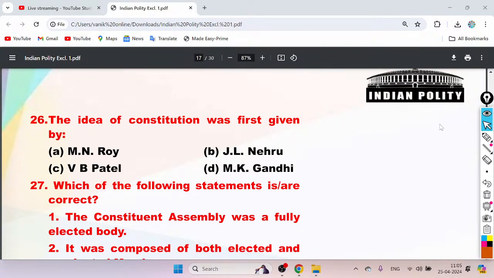26. The idea of a written constitution was first given by, I think, M.N. Roy, Manabendra Nath Roy, a founding member of the Communist Party of India. He was the first person to recommend a constitution, in 1930.